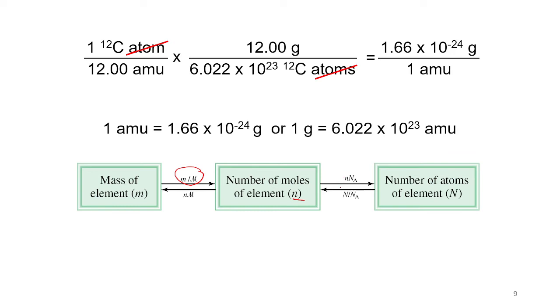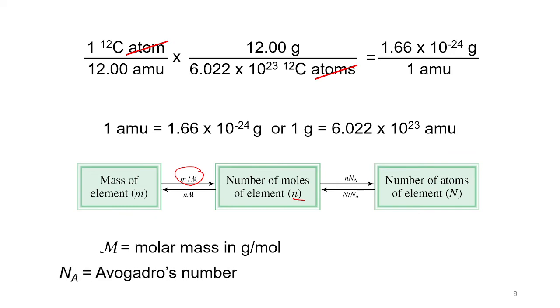If we have the number of moles and we multiply that with Avogadro's number, we will have the number of atoms. Here the cursive M is the molar mass in grams per mole, and Na is Avogadro's number.